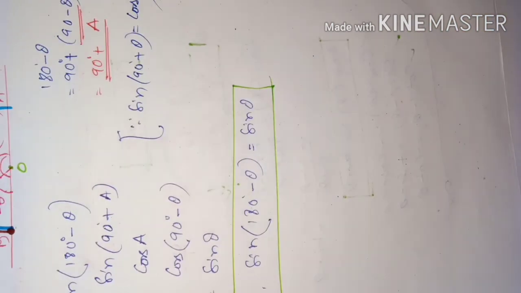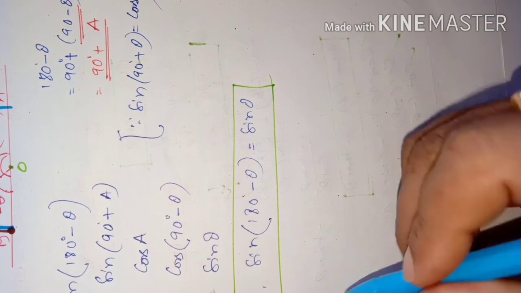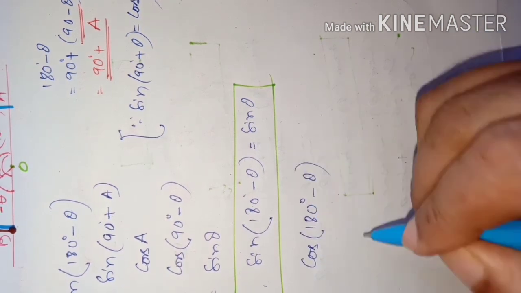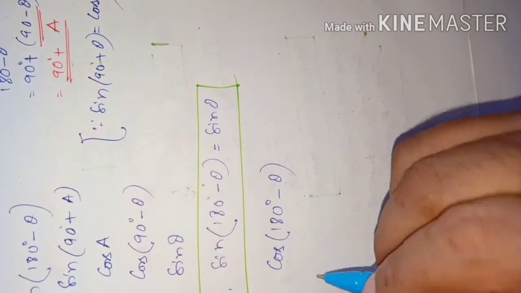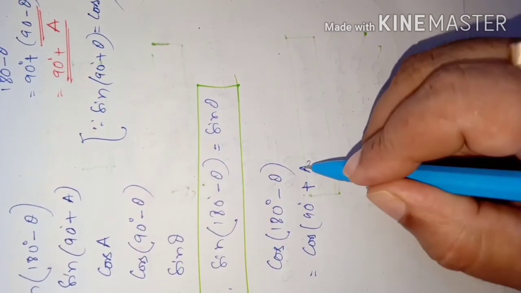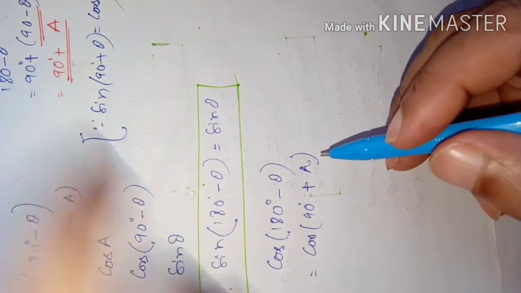Similarly, suppose you want to write cos of 180 minus theta. In the same way it equals cos of 90 plus a, where a represents 90 minus theta.